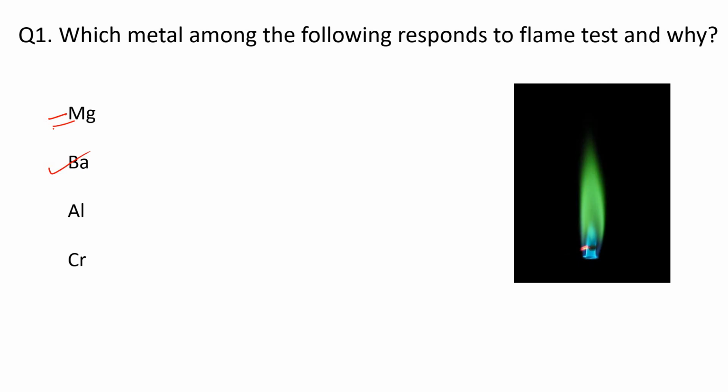So electrons are more strongly bound. Therefore, by the thermal energy of the flame, these electrons are not getting excited. They get excited by higher energy, which does not fall in the visible range.